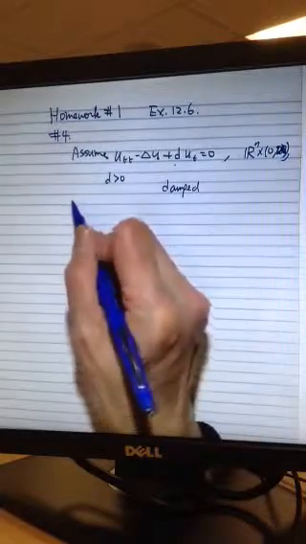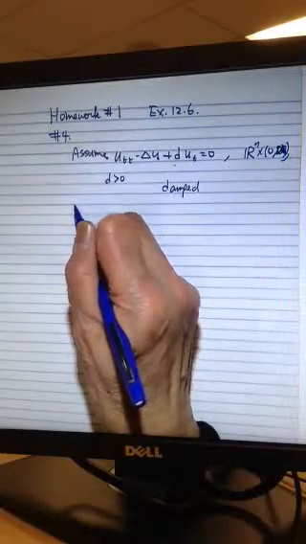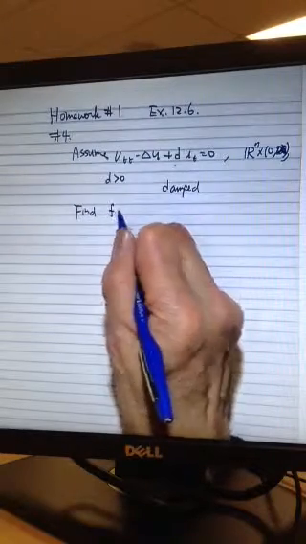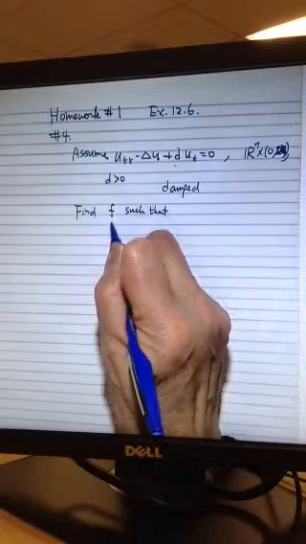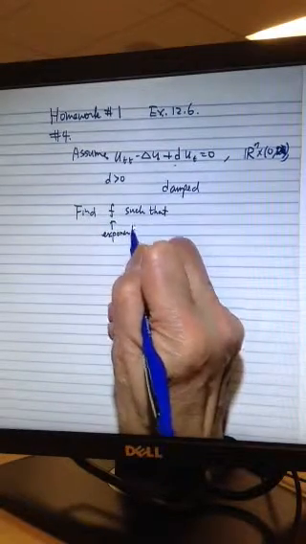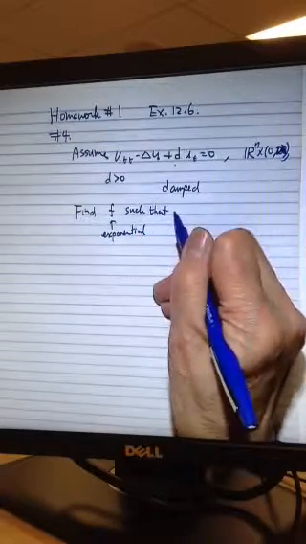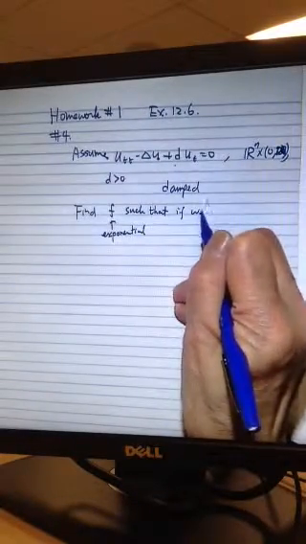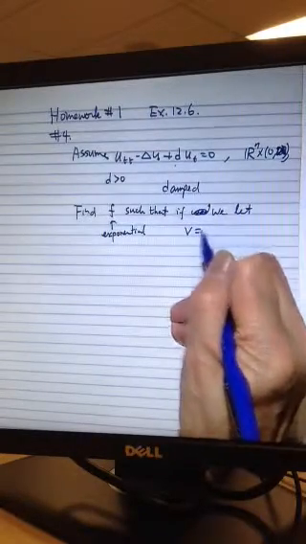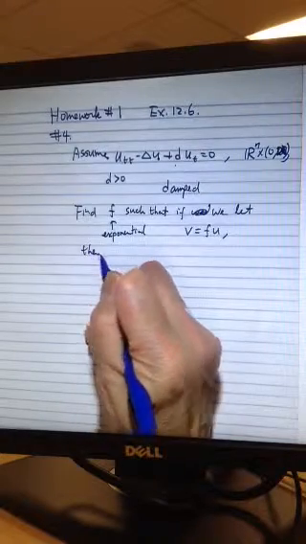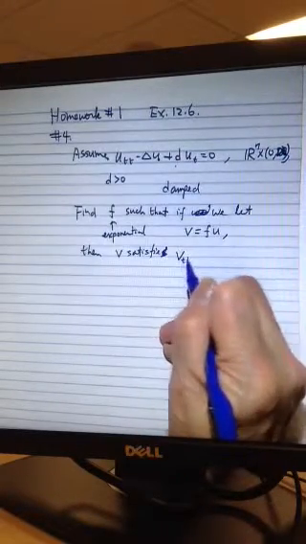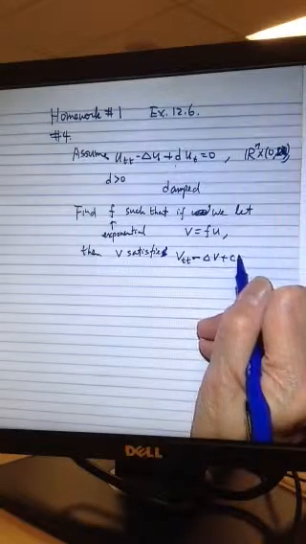So he says, suppose I have this function. The idea is to find a simple exponential term, a function f such that if we let v be f times u, then v satisfies v_tt minus the Laplacian of v plus c v equal to 0.